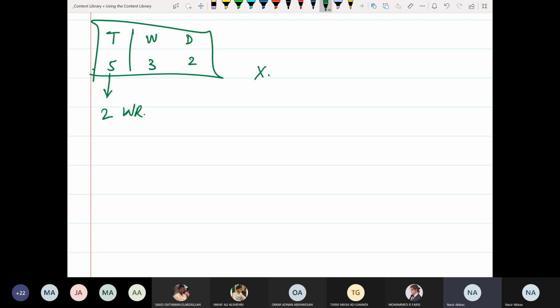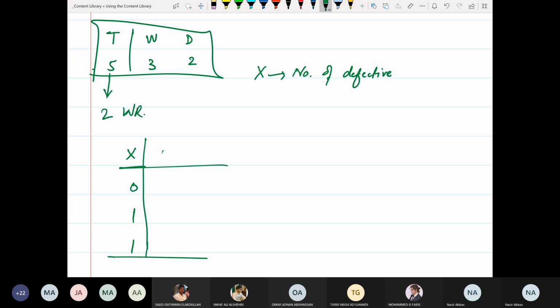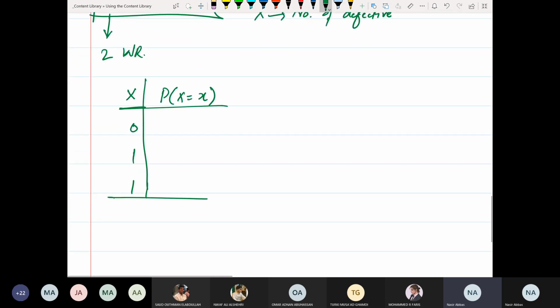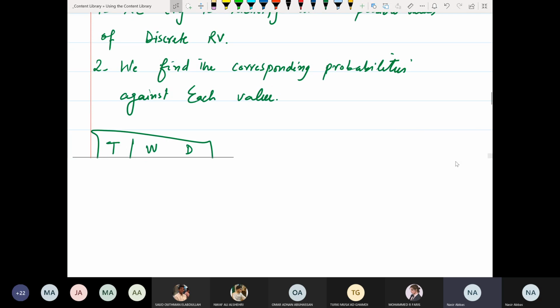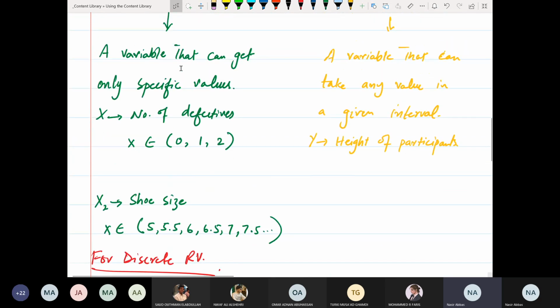And you said X is number of defectives out of these 2. So what are the possible values of X? You said there is 0, there is 1, there is 2. These are the 3 possible values of X. What are their corresponding probabilities? What is the probability that X will be 0? For your convenience, I'll copy the space again.